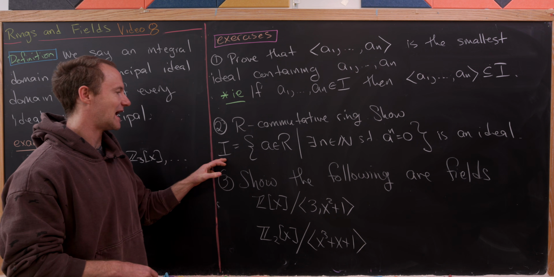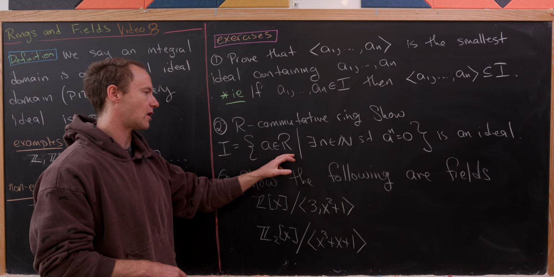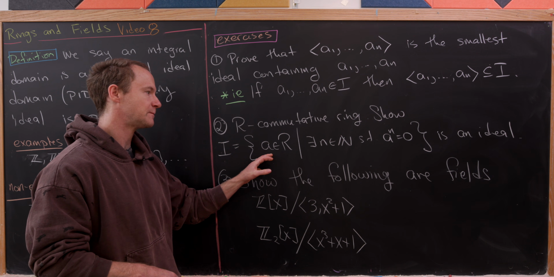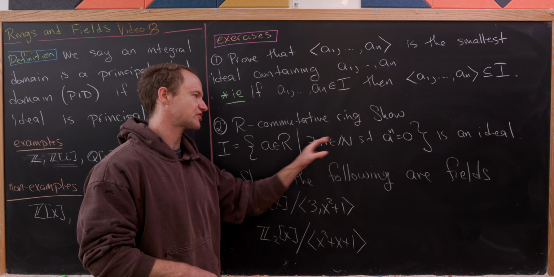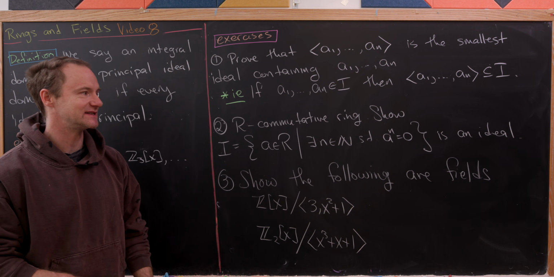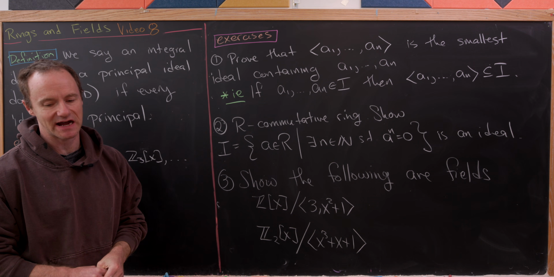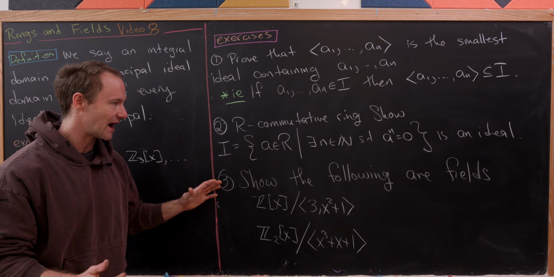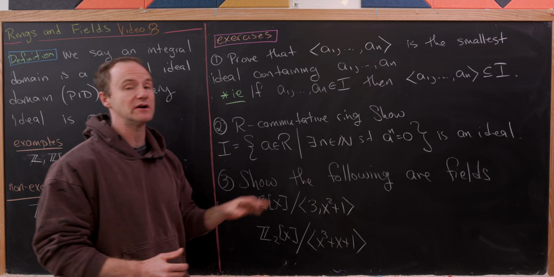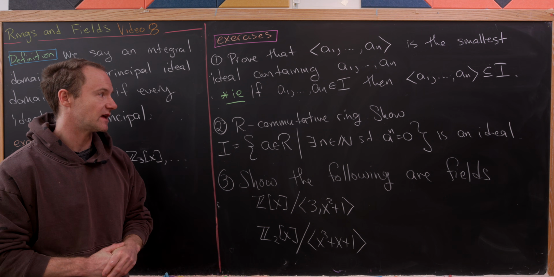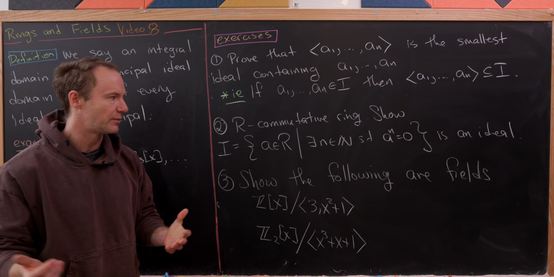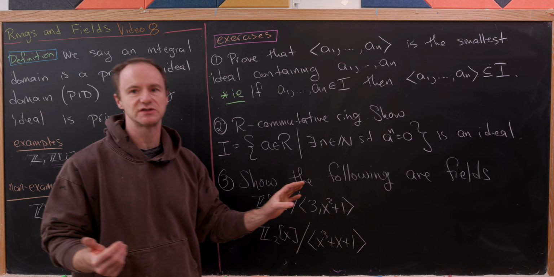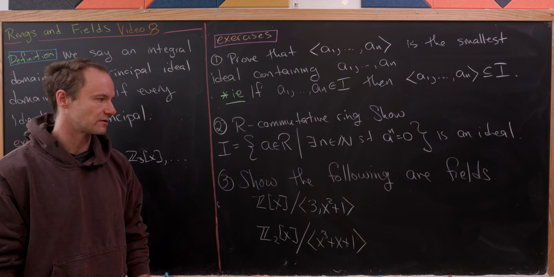And let's set I equal to all elements of R, I'll call them a, where there exists a natural number n such that a to the n is 0. And let's show that that is an ideal. And just FYI, this is the set of all nilpotent elements within our ring. So to be nilpotent is to be able to be raised to a power and achieve 0.